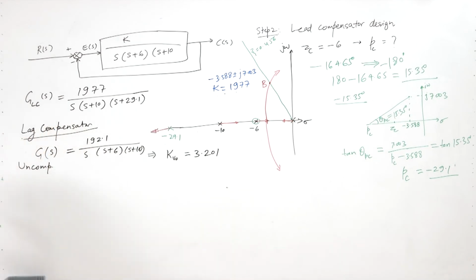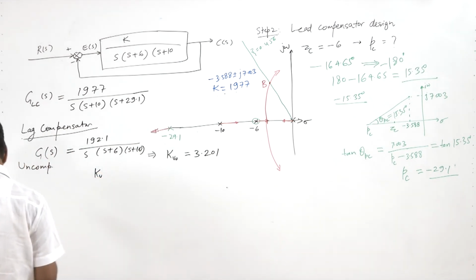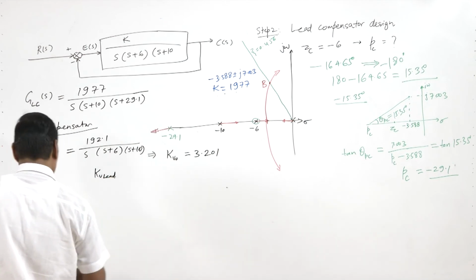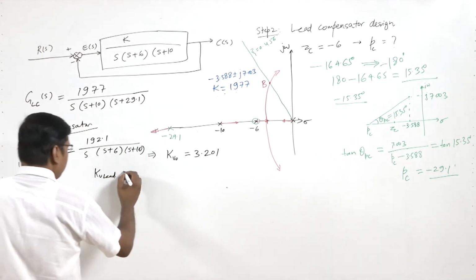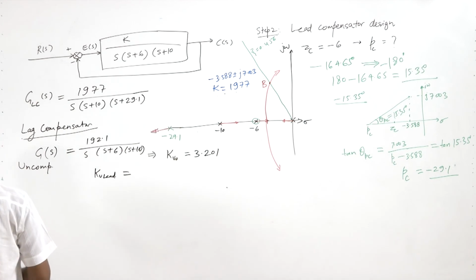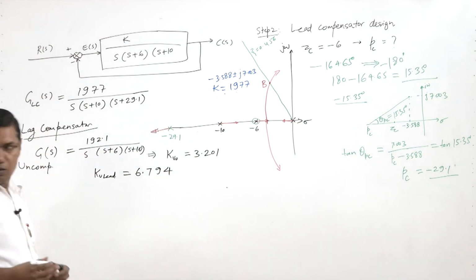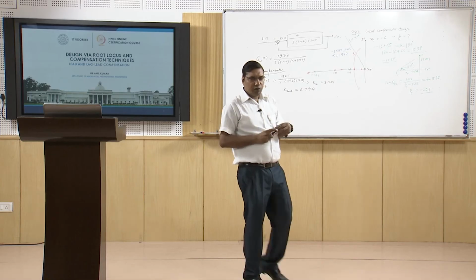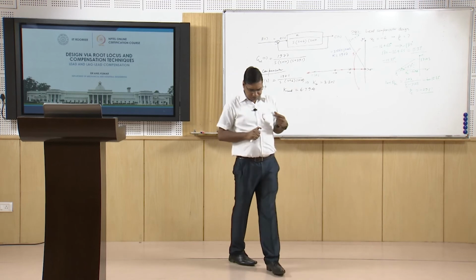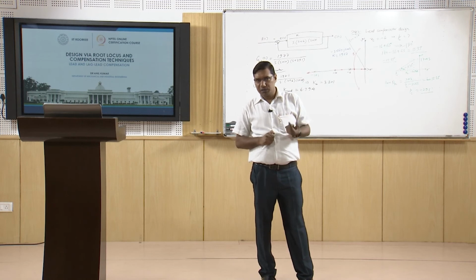Now for the lead compensated system, we will get KV lead, and this we will get, we have 1977 by 10 into 29.1 and we will get 6.794. So the objective was to design the steady state error 1/10 of the uncompensated system.